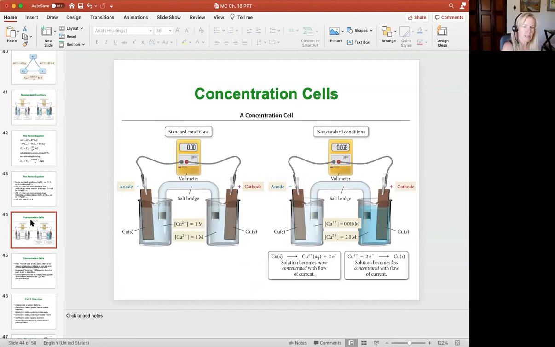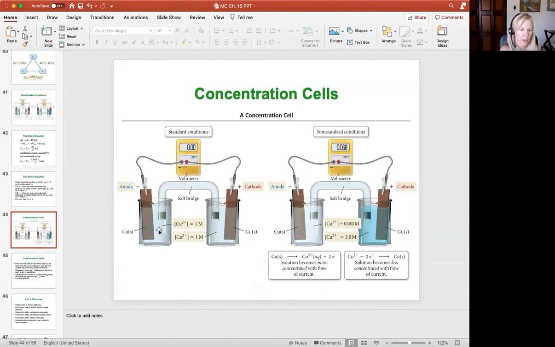And what you see here is I have solid copper going to copper ion, and copper ion going back to solid copper. And so I don't have a redox reaction. The only thing that's driving this small change in the cell potential is the gradient of the difference in concentrations here.